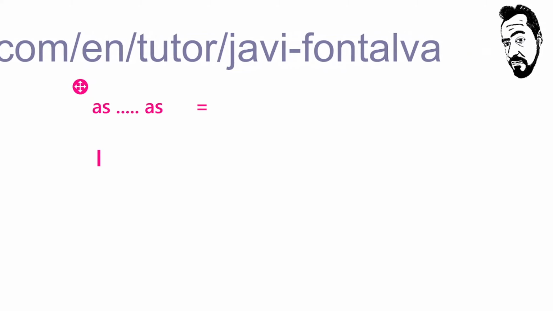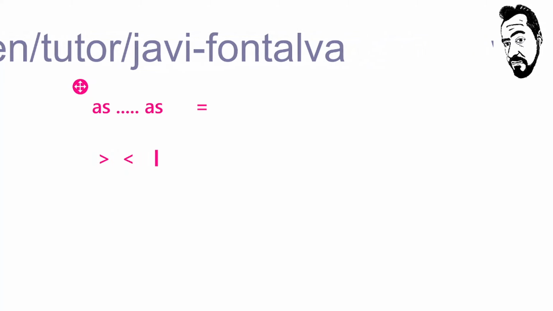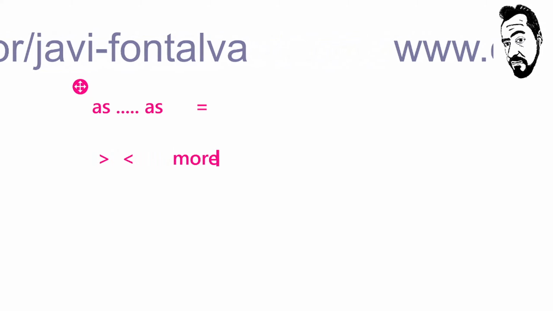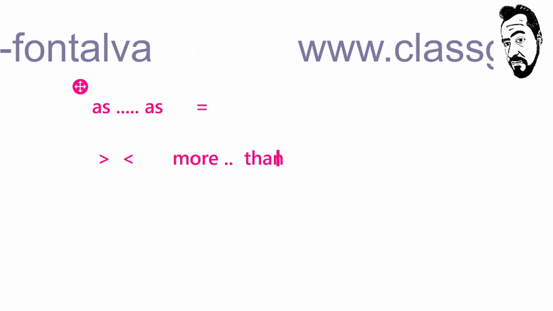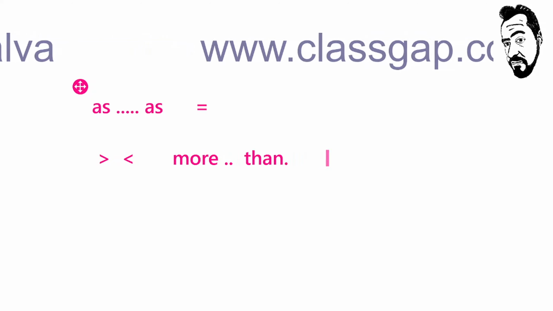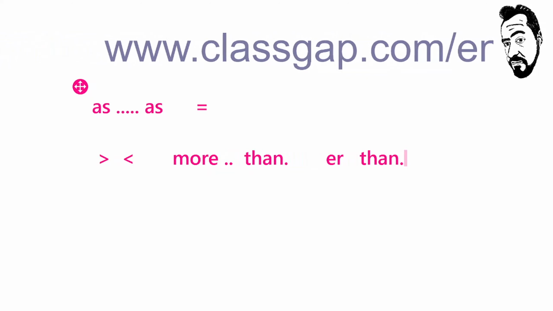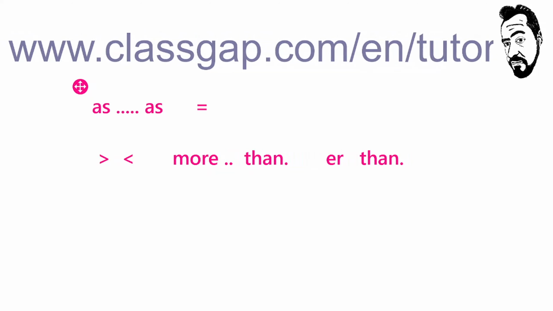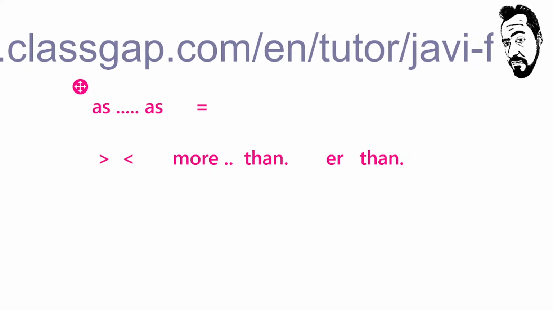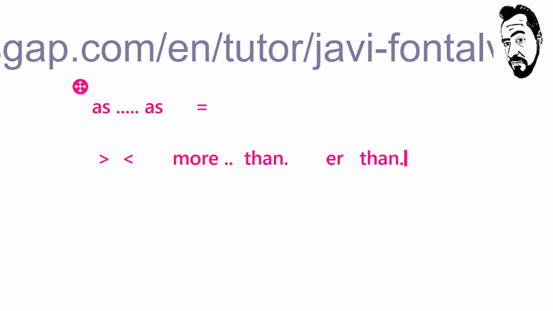When you compare one thing with another, we say "more than" or "-er than". Okay, it depends on the word. So we say more expensive, but we say cheaper. Yeah, cheaper.